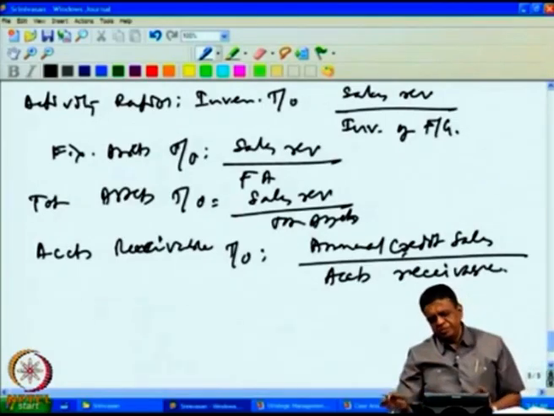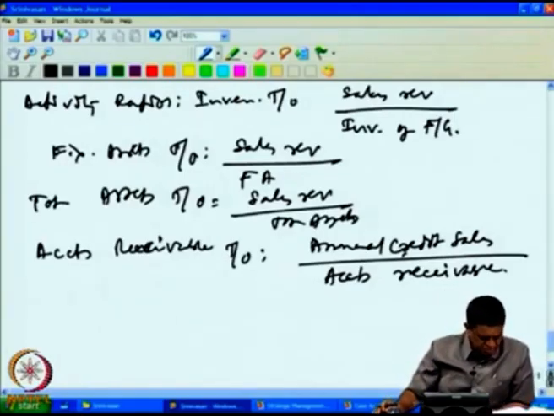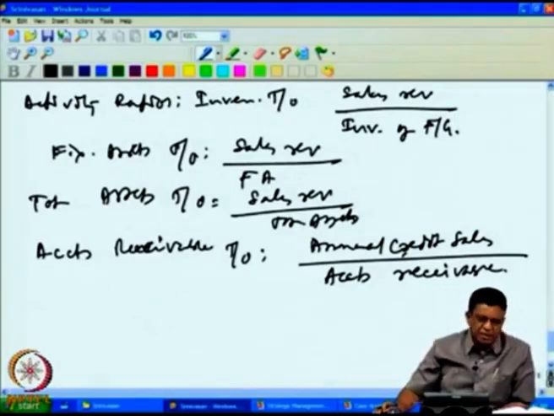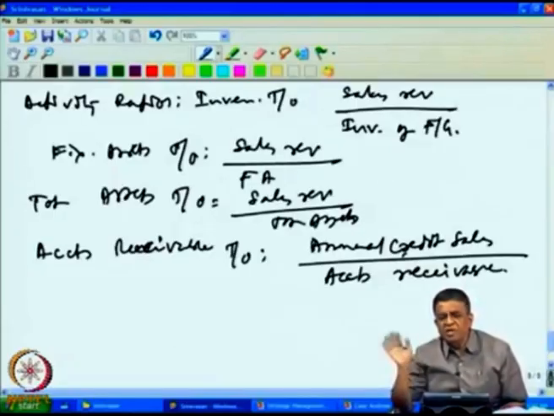What does it mean? To put it in a very simple manner, let us say a company says we have sold 100 rupees worth of goods.